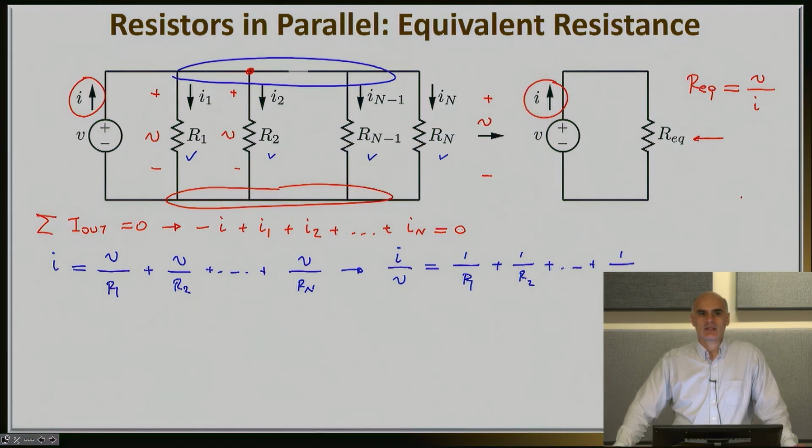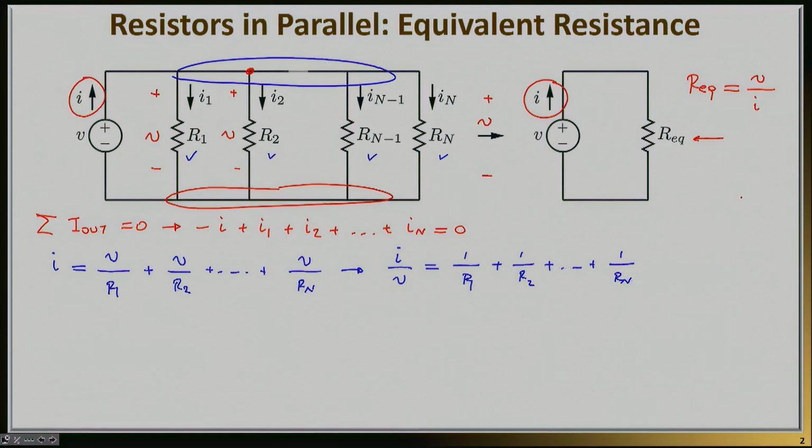So by looking at this equation, essentially we have been able to find out the equivalent resistance. Why? Because this left-hand side here, the I divided by V, is simply equal to 1 divided by Req. So this is a very famous equation.